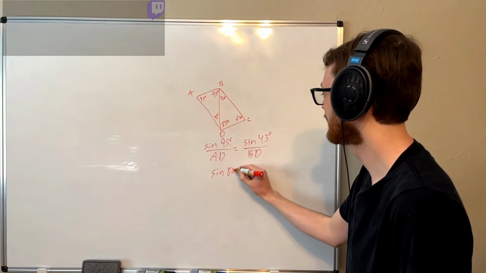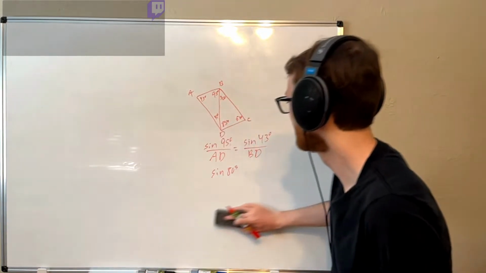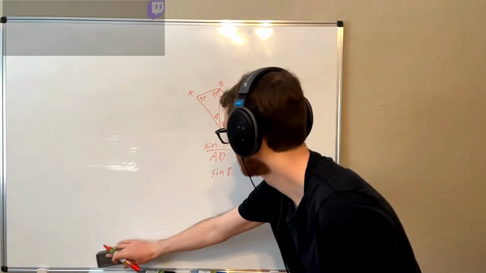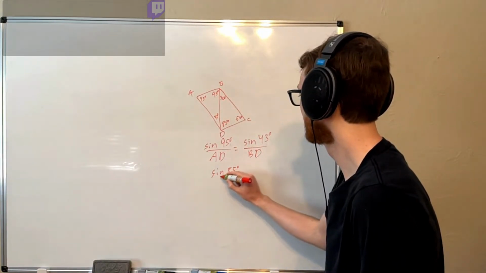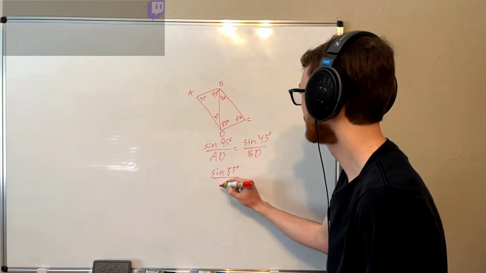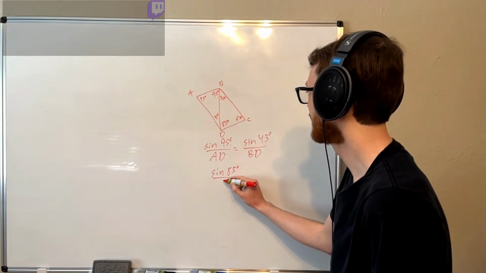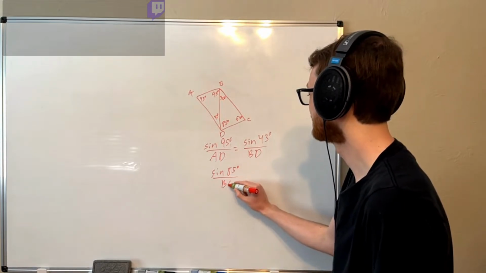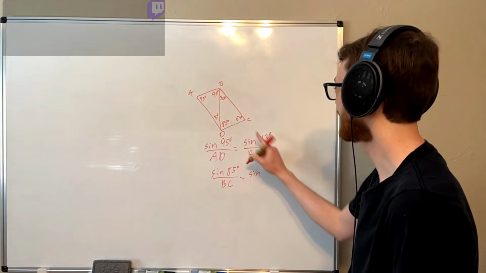I think you're seeing now, my two unknowns are AD and BD, right? Sine of 65.